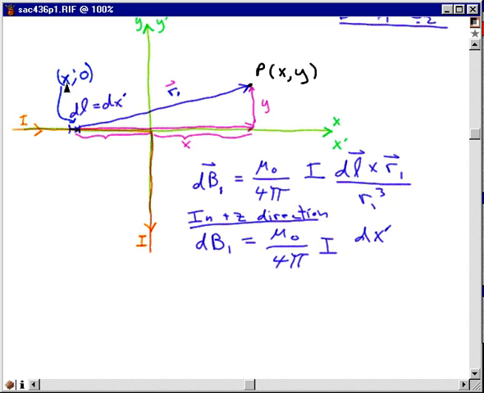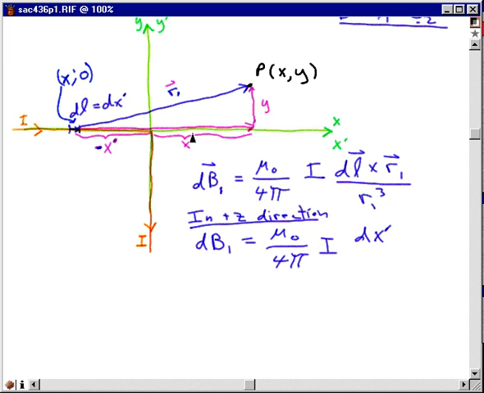Now x prime itself, because this entire wire segment lies to the left of the y-axis, is a negative value, something like negative 5 centimeters. So this distance here, if I'm just looking at that as a distance, a positive separation of 2 points in space, is going to be minus x prime. So for instance, if x prime is equal to minus 5 centimeters, then the distance here is minus and minus 5 centimeters, or just 5 centimeters.